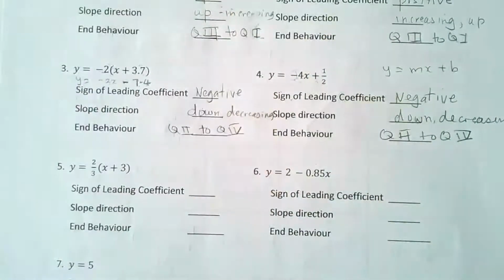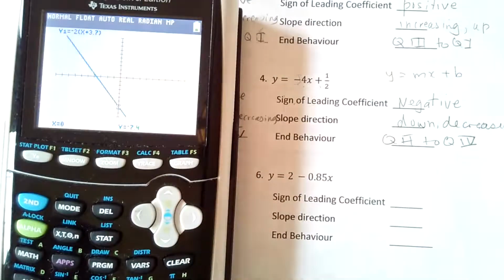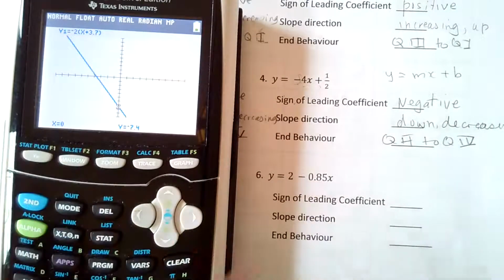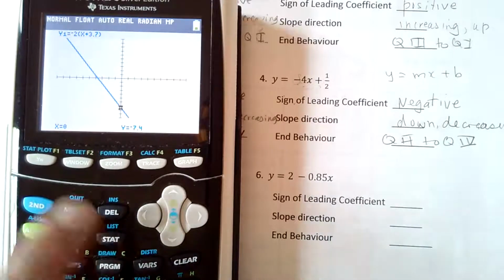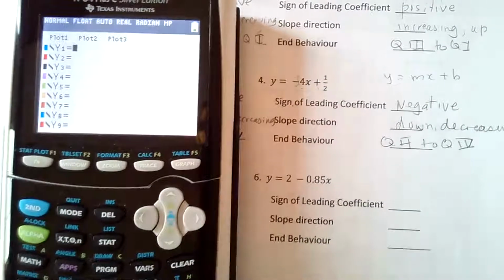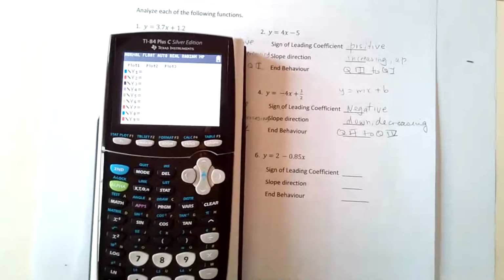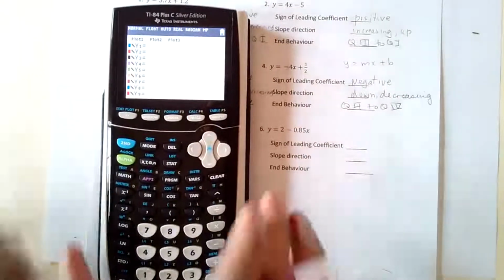You can do the same thing in the graphing calculator. First of all, we clear. Go back here, sorry, and you clear your y equal button and you input negative. Now this one here, you have to be careful again. I'll zoom out a little bit so you can see the keystrokes.